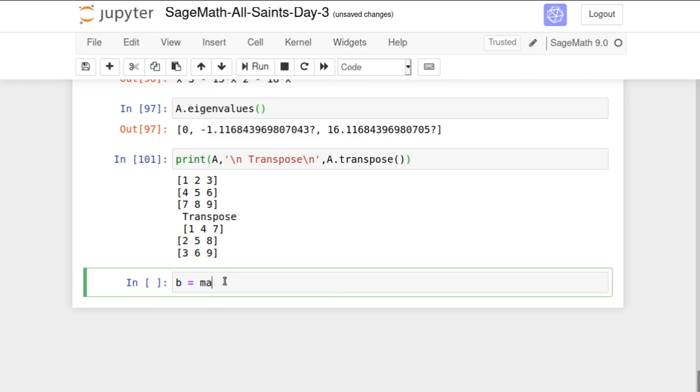Suppose that we define B to be equal to matrix. But here, note that we did not define it as a column matrix. So instead of that, what I will do is define it to be 10, 10, 10.